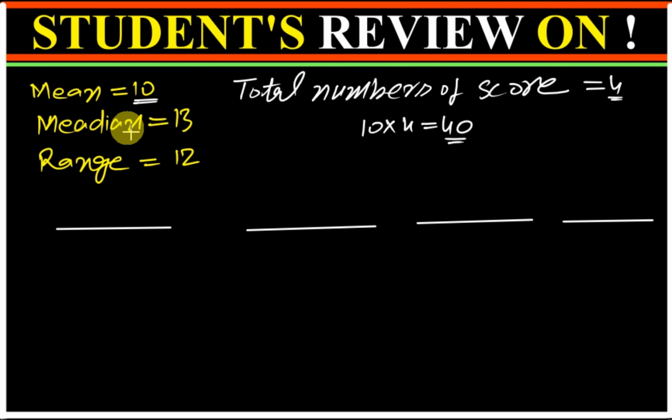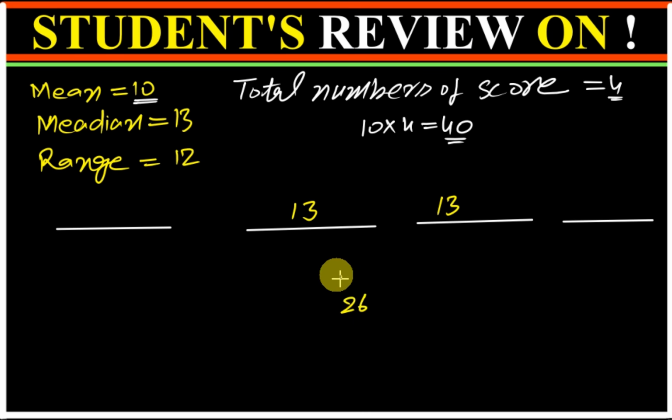Now the median is 13, so the average of these two numbers should be 13. Let's first try with 13. Let's say this is 13, this is also 13, the scores may be the same. Now if I take 13 and 13, it becomes 26. Out of 40 we already have 26.